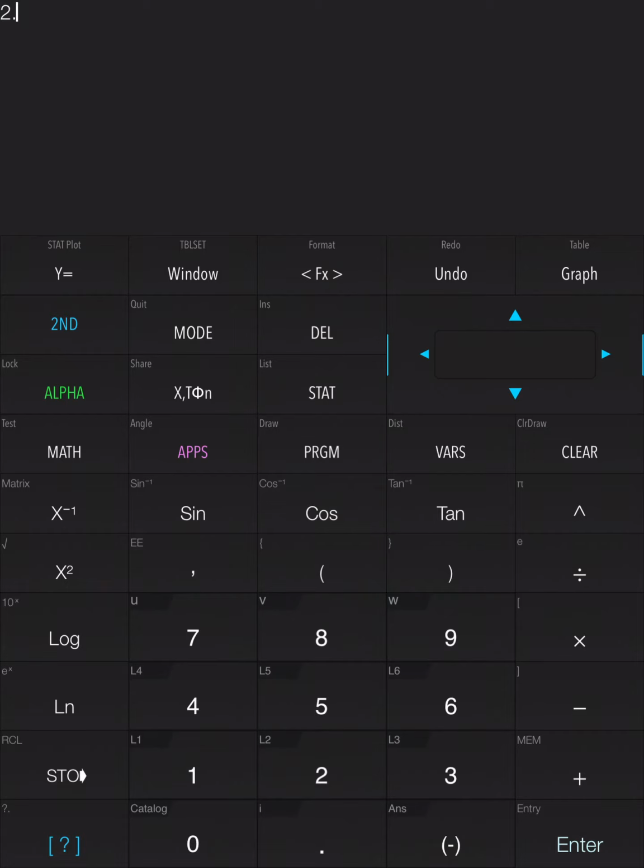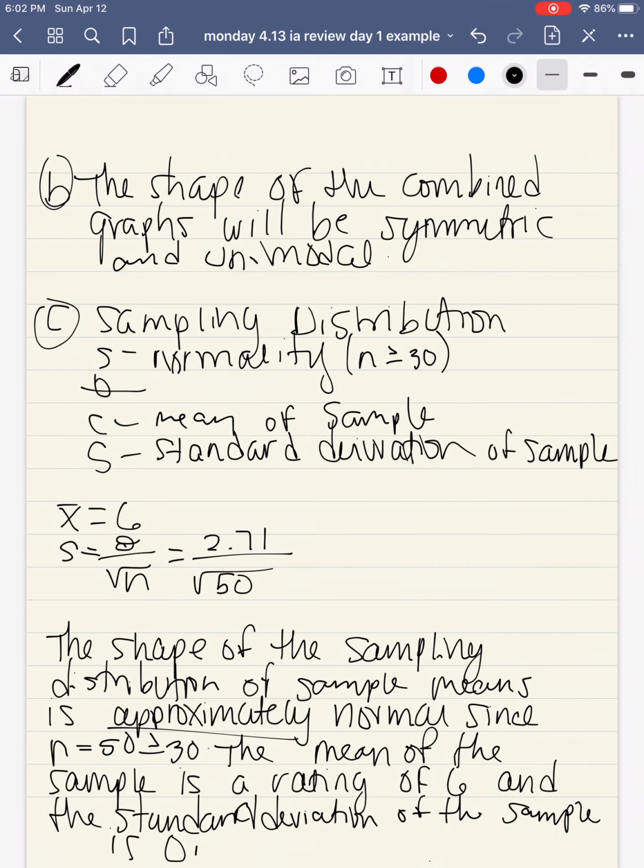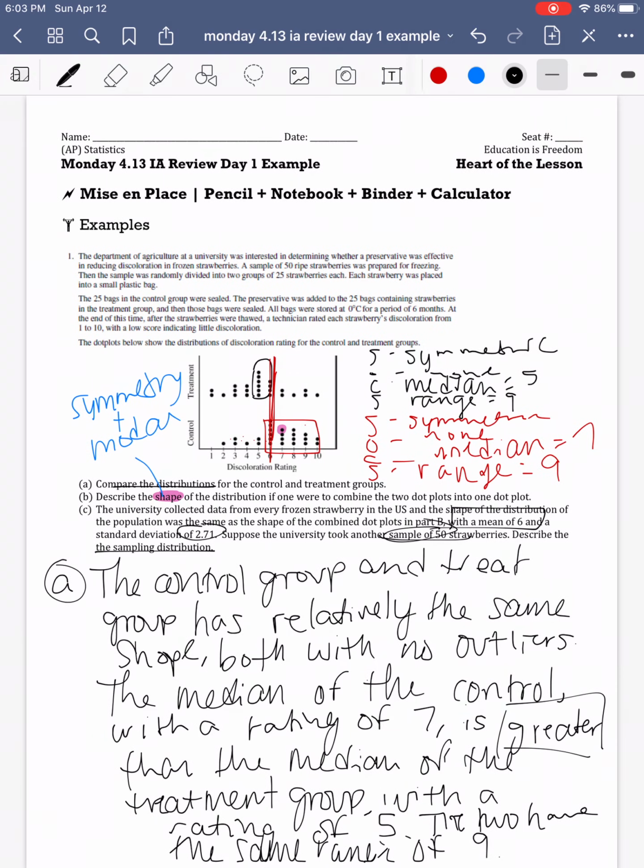So 2.71 divided by the square root of 50, and that is 0.38. There we go. And that's all we have to do. Okay, so that is all of number 1.